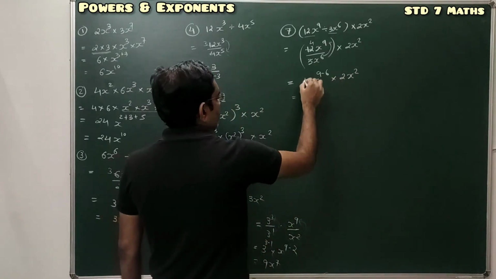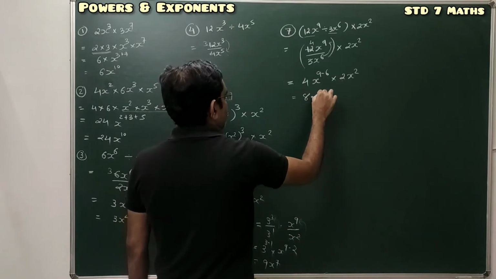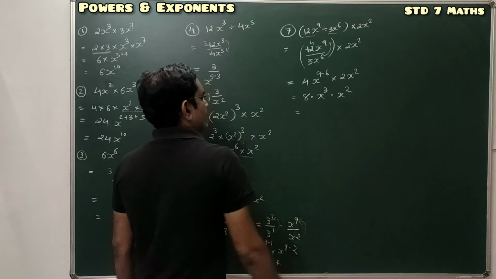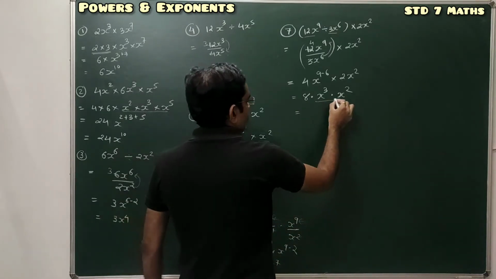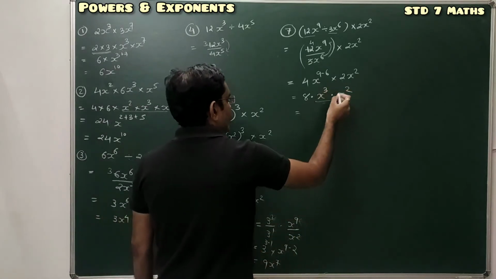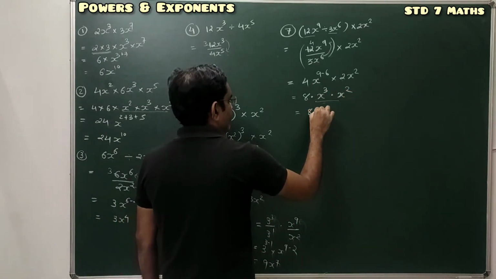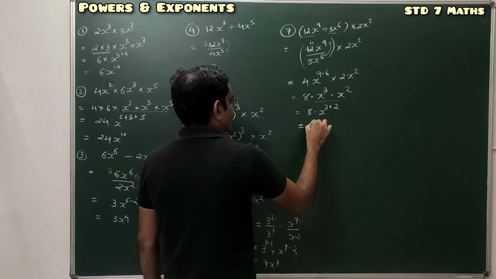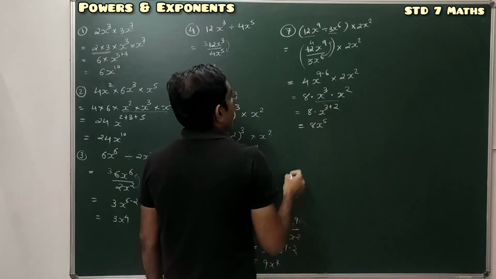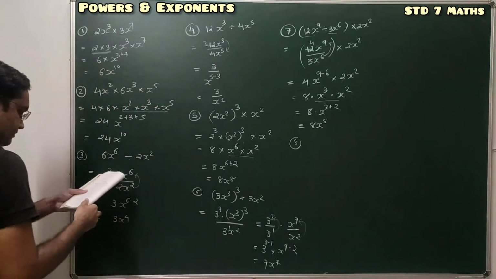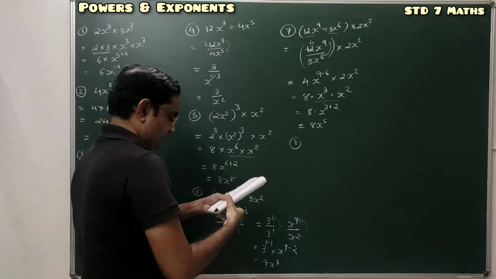So it's 4 2s are 8 into x raised to 3 into x square. Again these 2 powers are in multiplication with the same base, so we can perform addition of these 2 powers. So that will be 8 into x raised to 3 plus 2, and this is equal to 8x raised to 5. 8x raised to 5 is the answer.